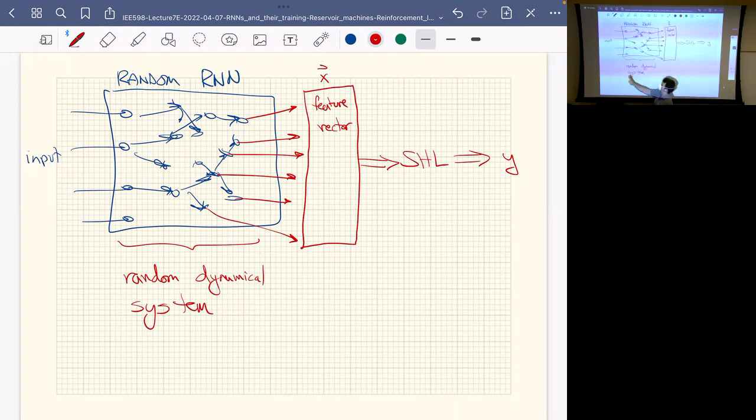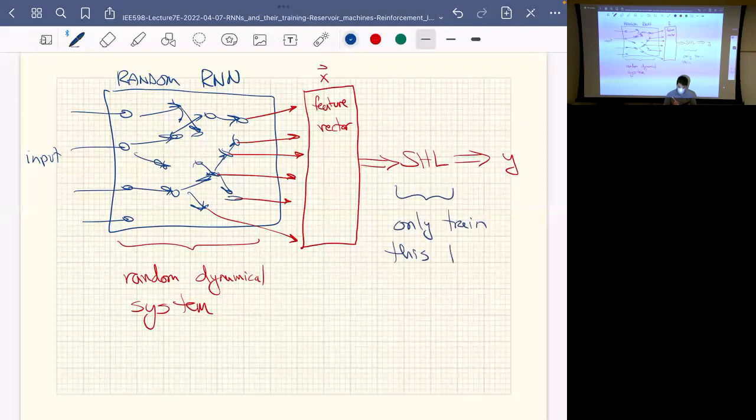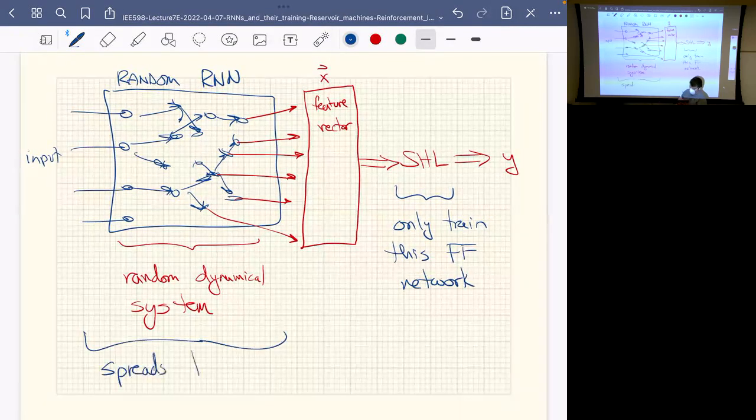And by turning temporal patterns into spatial patterns, I don't need any memory, any recurrency in the actual network that I need to train. So again, I'll emphasize, only train this feed forward network, and it is pretty simple to train. So this spreads time into space so that the feed forward network can be used.